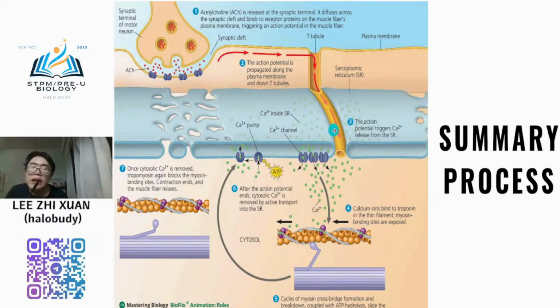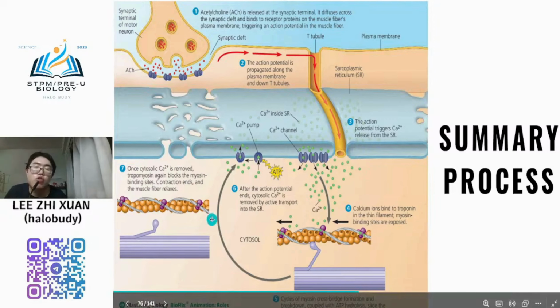So when the nerve impulse reaches the sarcoplasmic reticulum, it will trigger the release of calcium ion through the calcium ion channel. The calcium ion will diffuse out from the sarcoplasmic reticulum toward the sarcomere. Within all of this is a sarcomere already.